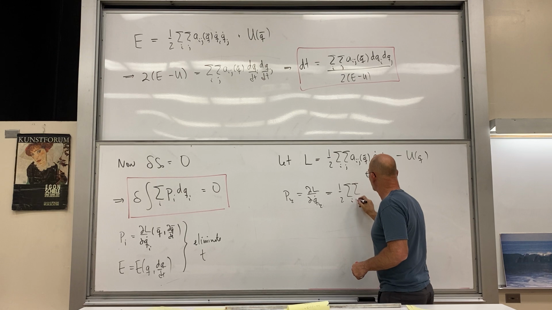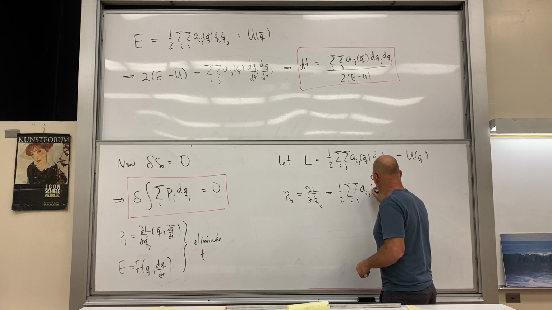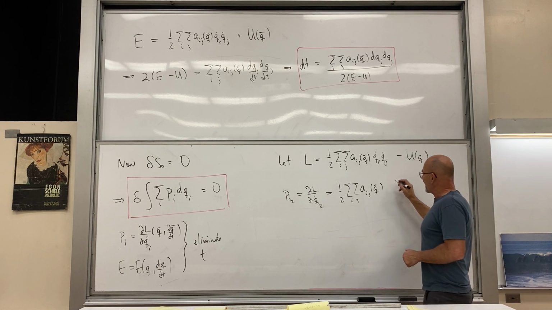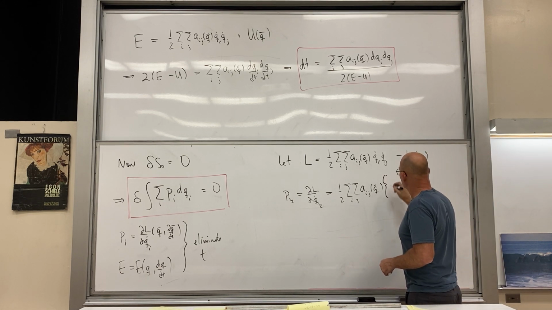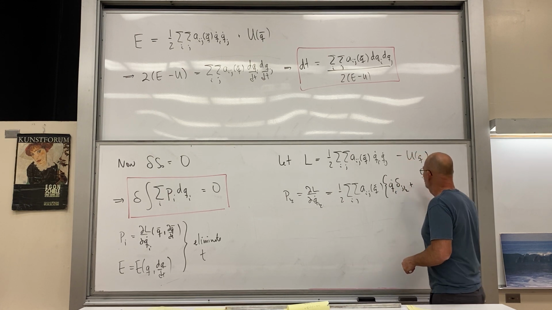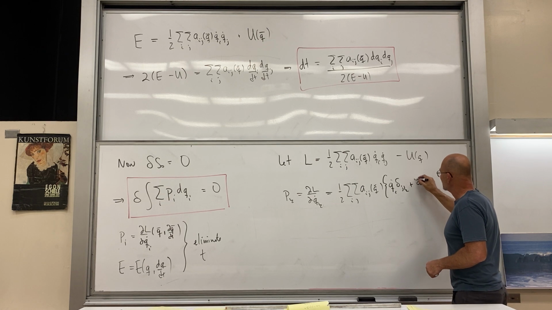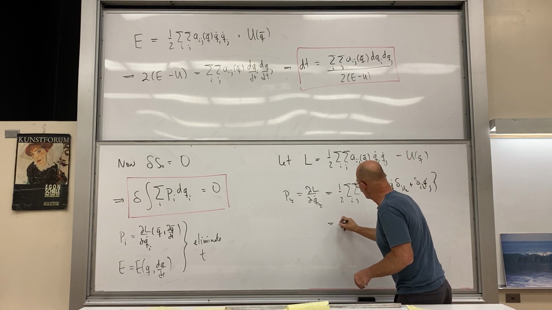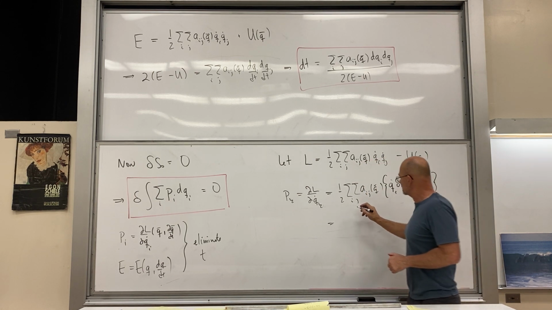Sum over i and j of a_ij(q). So we've got a q_i dot delta_jk plus delta_ik q_j dot, and remember that collapsed those sums both equivalently.